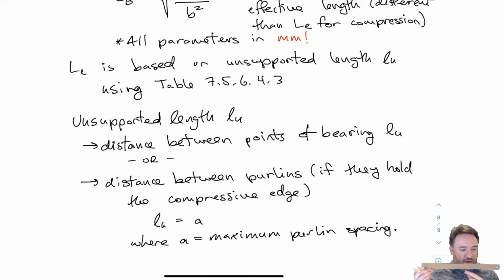Then I can't consider my purlin spacing anymore, because now my purlins are restraining the tension side if they are on top. So I would have to consider basically the full length of the section of the beam that is in a negative moment when I'm considering my bending. And you can maybe draw a picture of a moment diagram where I have 3 supports in order to convince yourself that what I'm saying makes sense.